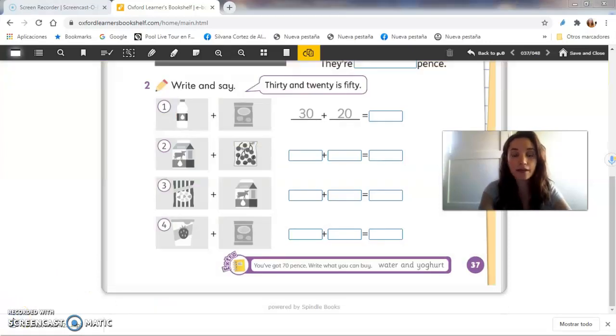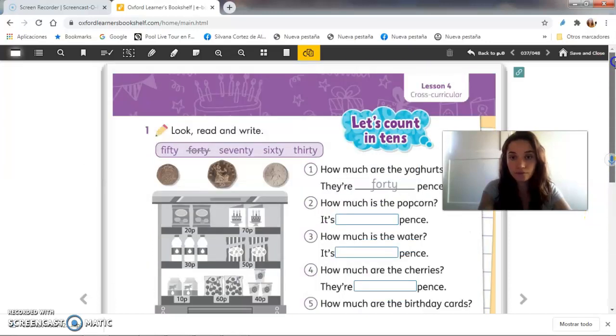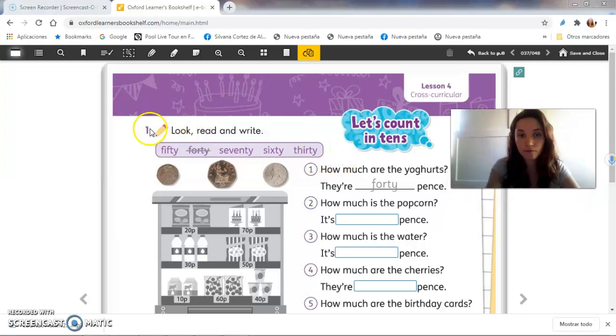Okay, kids, now open your activity book on page 37. Activity number 1. Look, vamos a observar los precios. Read, vamos a leer las preguntas y las oraciones. And write, y vamos a completar con las palabritas del cuadro.